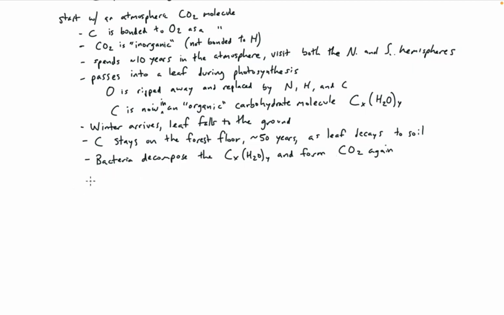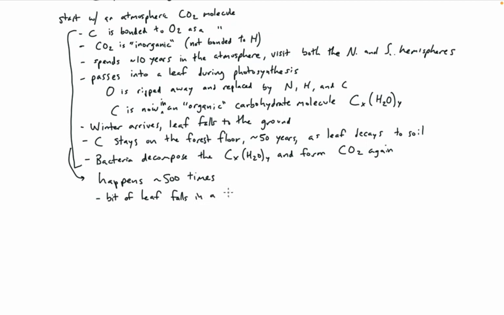Okay, and then this cycle typically happens maybe 500 times. Repeat this 500 times. And then the bit of the leaf falls in a creek, and the carbon atom heads to sea.